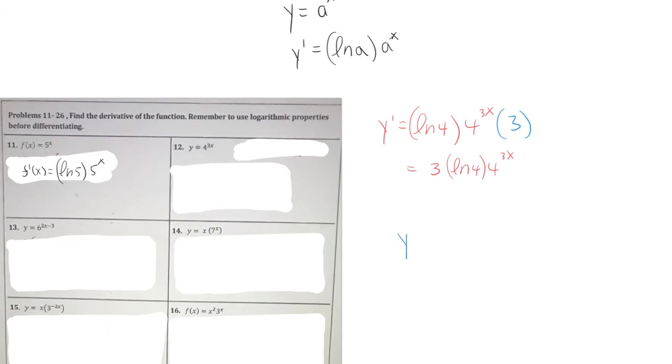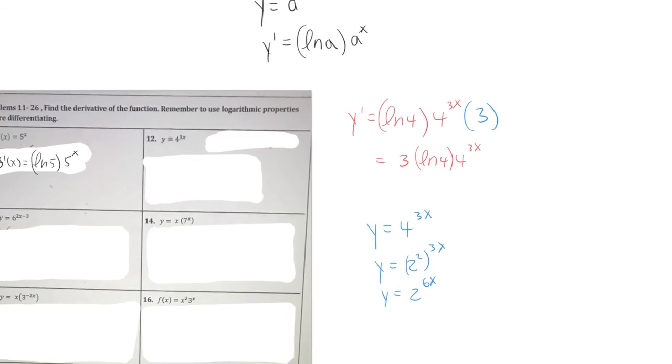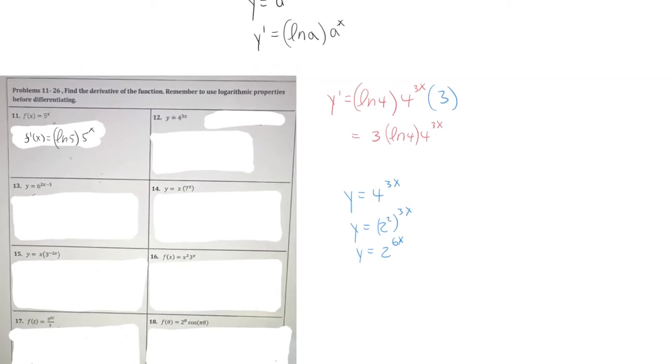What the teacher did is she took the original situation, which is 4 to the 3x, and she, or he, I think it's a she, then converted 4 to its base, which is 2 squared. So it's really 2 squared to the 3x, and that's really y equals 2 to the 6x. And then what my student's teacher did is she took the derivative of that, in the same fashion though.